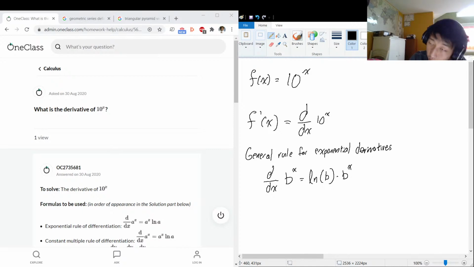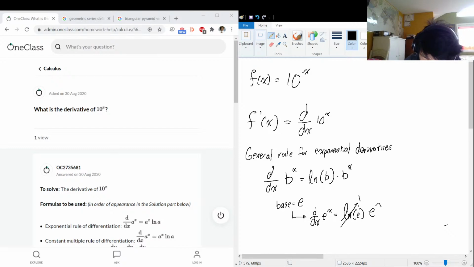And this is why when base equals e, or Euler's number, we get something like this. So d over dx of e to the x equals the logarithm of e, and that neutralizes to 1, times e to the x. That's why we get the derivative of e to the x, simply just itself.